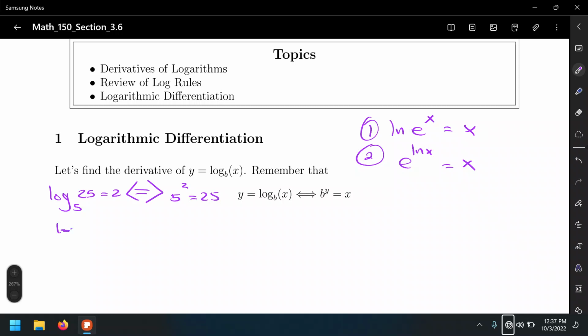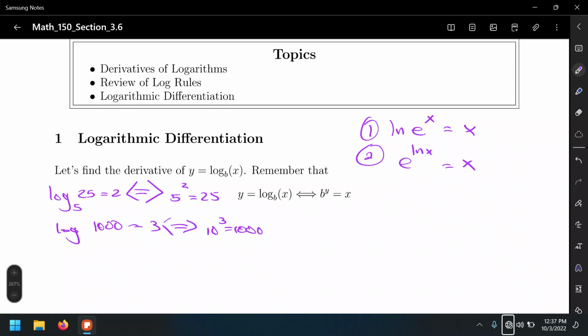In the same way that log of 1,000 base 10, well, we don't need to write the base 10 in this case, because a logarithm without a subscript is understood to have base 10. The logarithm of 1,000 on base 10 is 3. That's because 10 to the third power equals 1,000.